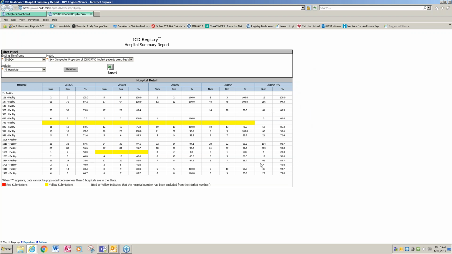And you can see that many of the hospitals that still submit data to the ICD registry have not acceptable performance in this metric.